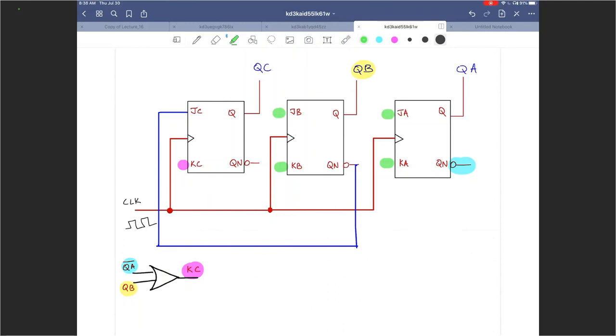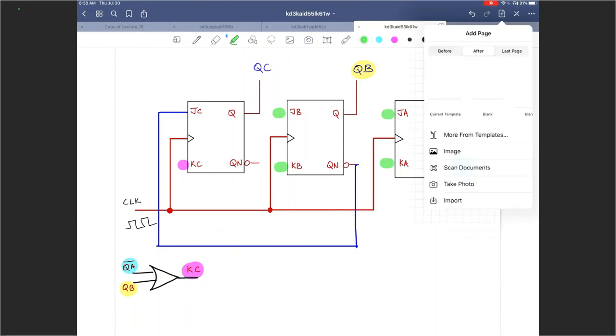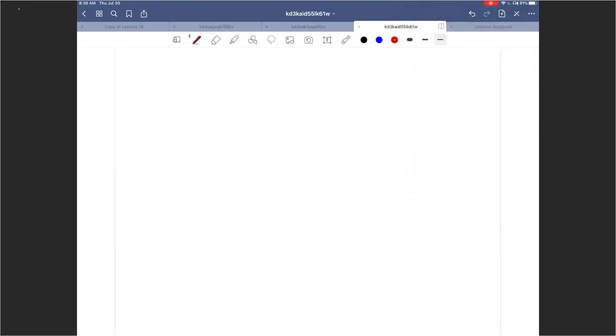Now, one question that we can ask here is this. I'm going to title this Random Powerup State.